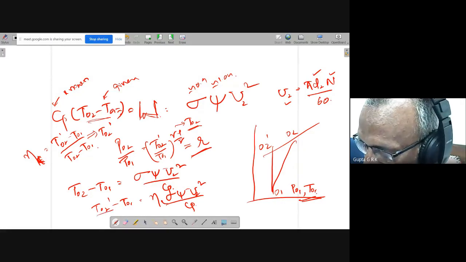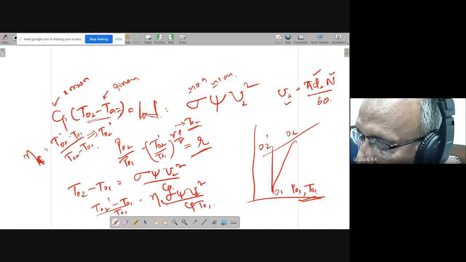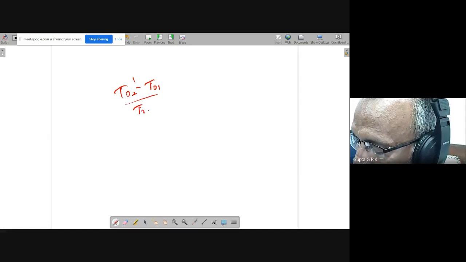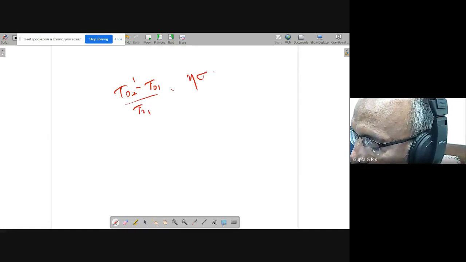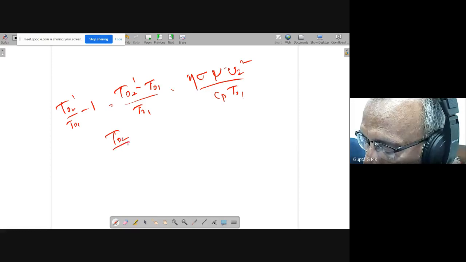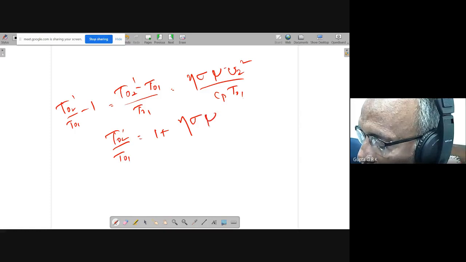And if I divide by T01 on both sides, (T02 dash minus T01) by T01 is equal to eta sigma psi U2 square by Cp T01. This is T02 dash by T01 minus 1. So T02 dash by T01 is equal to 1 plus eta sigma psi U2 square by Cp T01.